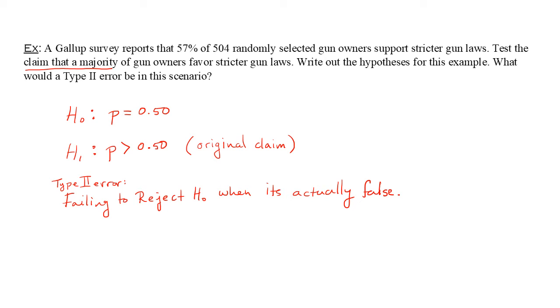If we were to fail to reject the null hypothesis, then we would not have enough evidence to support our original claim that the majority of gun owners favor stricter gun laws. So in this case, the type of error that we would make is that we would say that the evidence doesn't support that claim when in fact that claim is true.